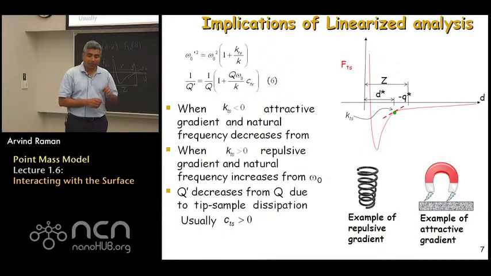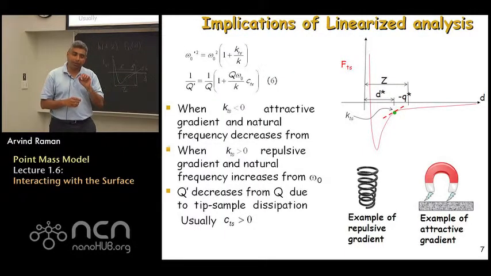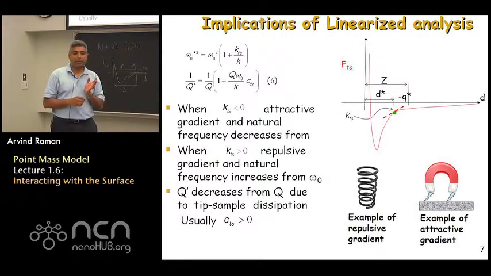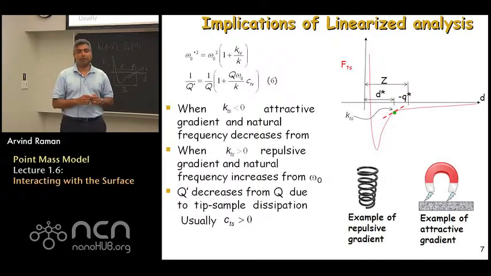As a result, what equation 6 really tells us is that when you have a repulsive interaction force gradient, you end up getting a natural frequency that increases relative to omega naught. When you have an attractive tip-sample interaction force gradient, the natural frequency decreases; the oscillator slows down in comparison to what it was far from the sample.